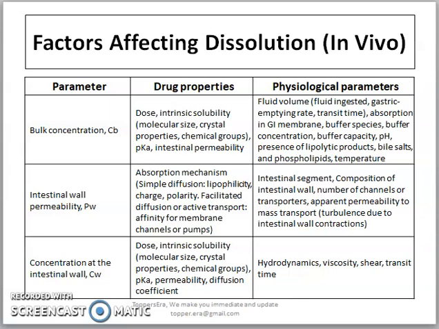Physiological parameters like intestinal segment, composition of the intestinal wall, number of channels or transporters, and apparent permeability to mass transport affect the intestinal wall permeability, where apparent permeability may have turbulence due to intestinal wall contraction.